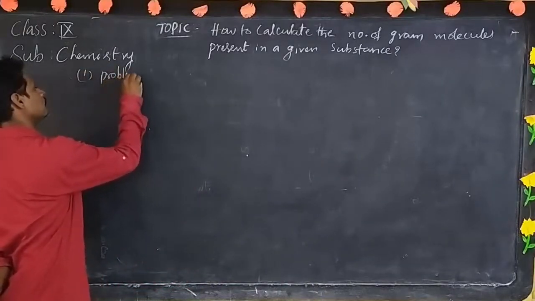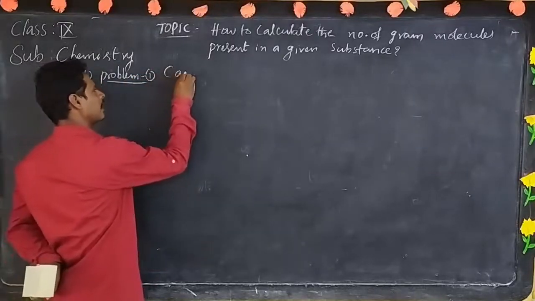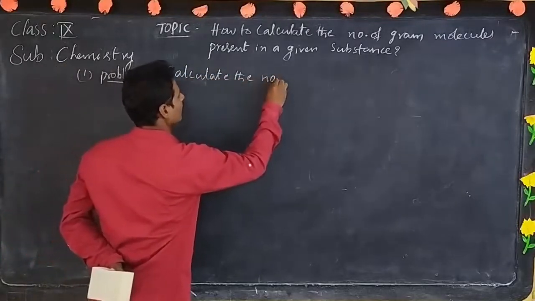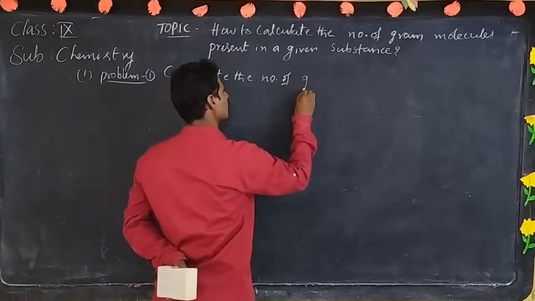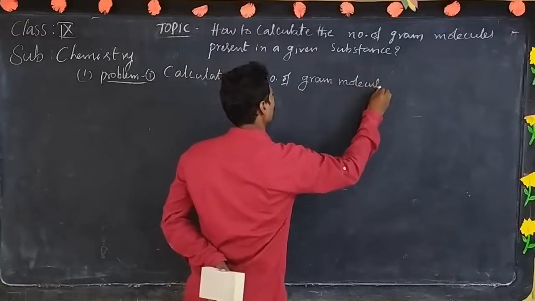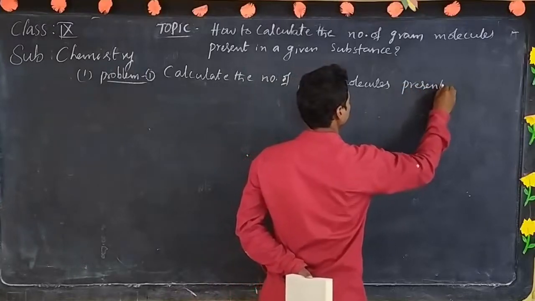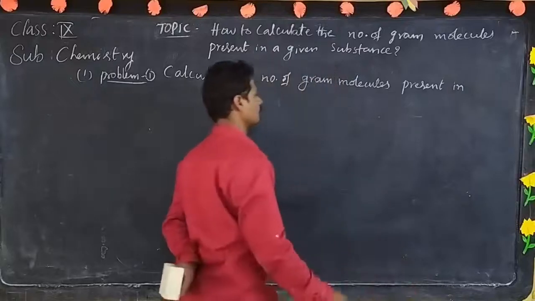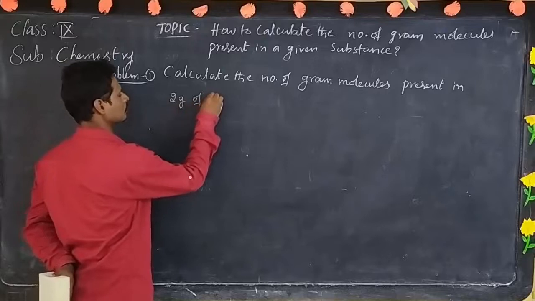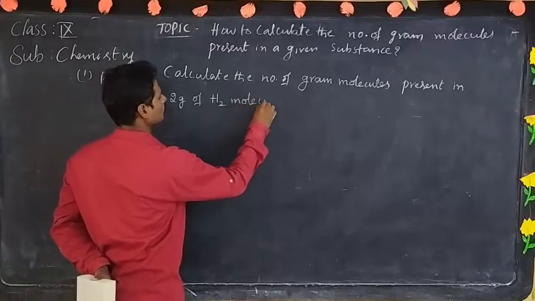Problem 1. Calculate the number of gram molecules present in 2 grams of hydrogen molecule.